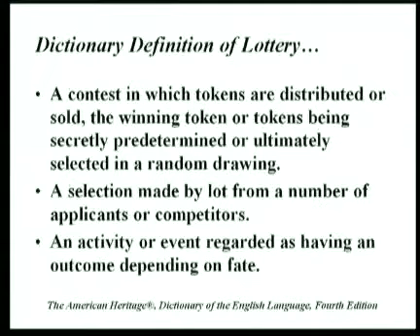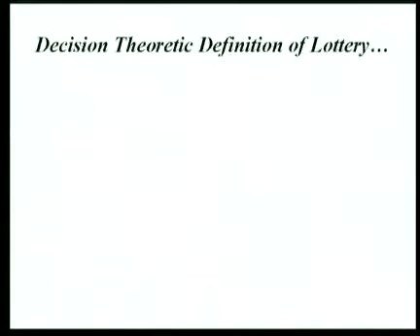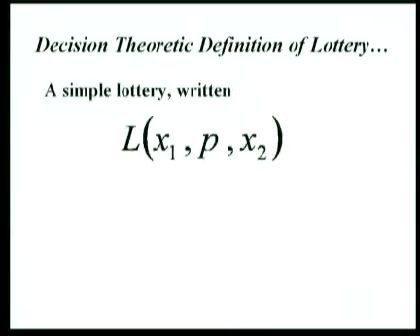So now let's see if we can translate that text into something a bit more quantitative and mathematical for our purposes. Well, here's a decision theoretic definition of a lottery. A simple lottery, we're going to write it as L for lottery, a function of x1, p, and x2.